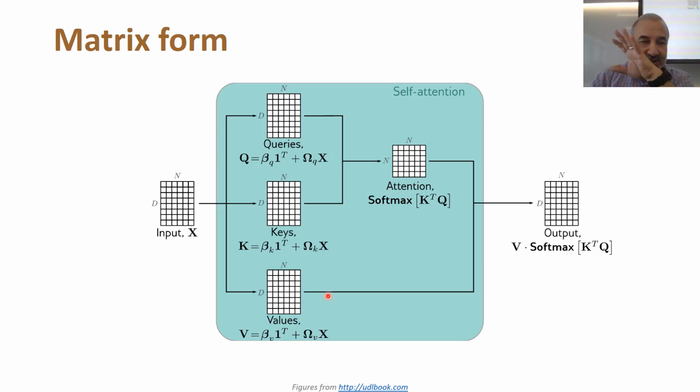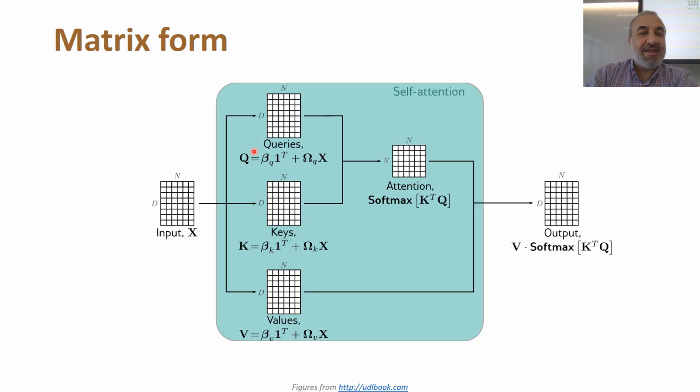Now, to see it more in a matrix form, we start with the input. We saw that before, right? Every column here is an embedding vector for one word.